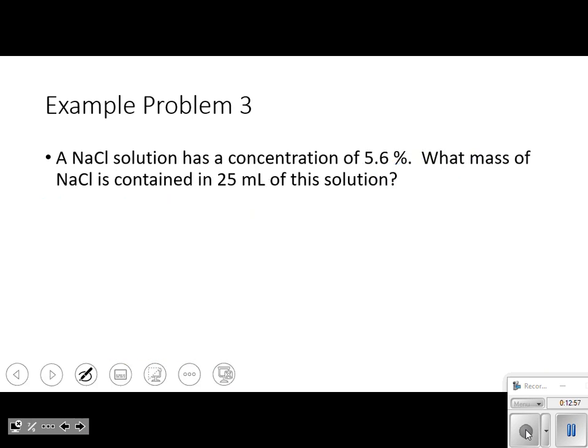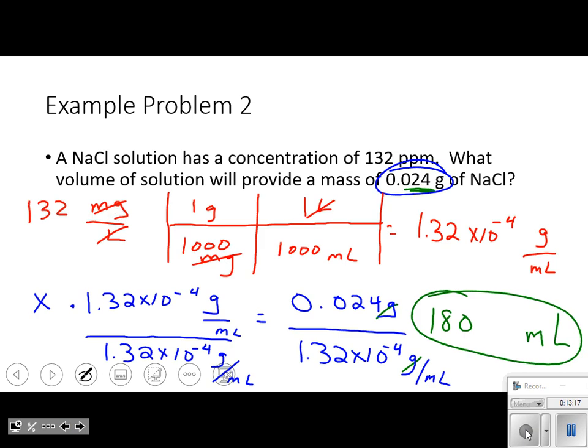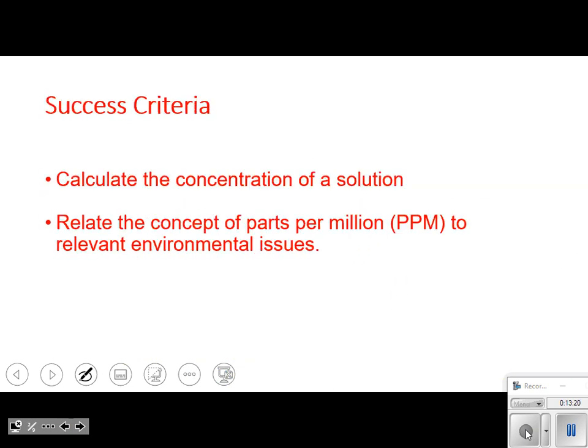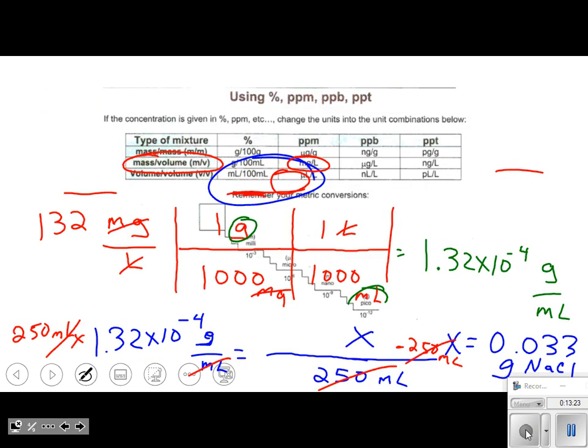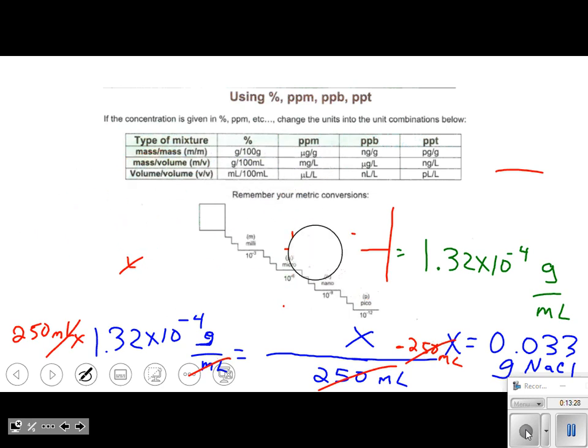Here's our next example. Okay, this one's a little bit different because now we have a percentage. So I'm going to show you a percentage here. So I got 5.6% solution. Now when I come back to my chart, I'm now dealing with percent.